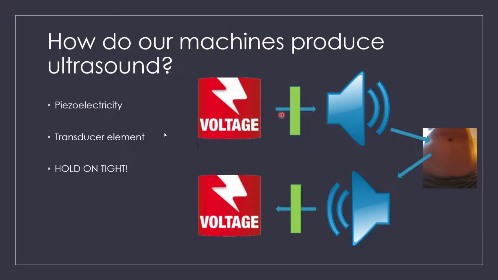When the voltage hits the back of our crystal, it turns that electricity into ultrasound. Then it goes out and we scan in the body, and the sound bounces back, so it echoes back. When our echo sound hits the transducer, our transducer turns it back into a voltage. Okay, so that's how that works.